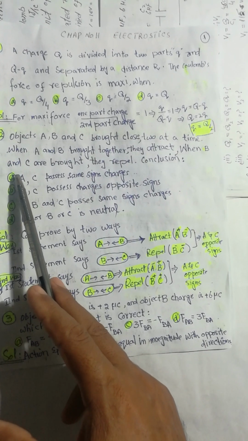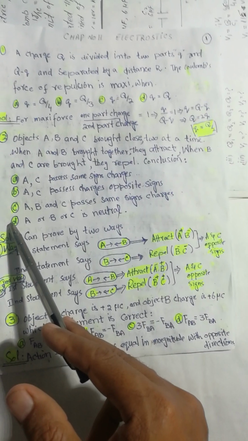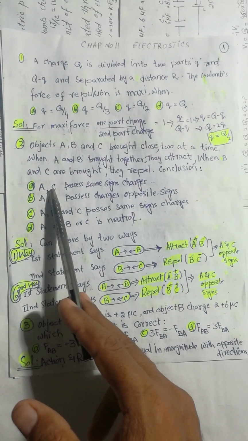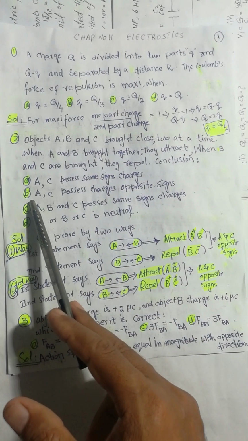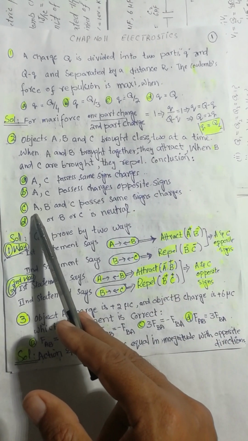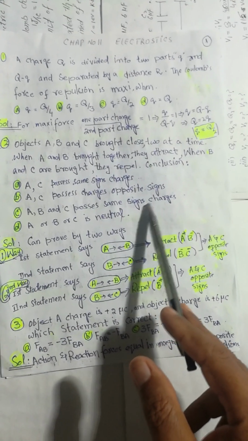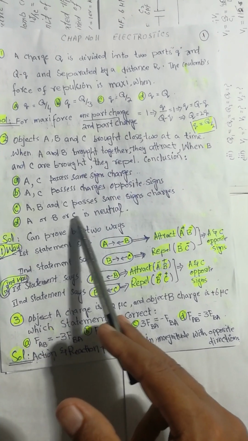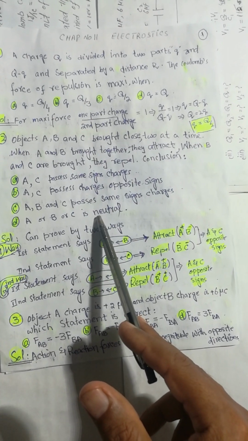Four conclusions they have given us: A, B, C, and D. Option A: A and C possess the same signs of the charges. Option B: A and C possess charges of opposite signs. Option C: A, B and C possess the same signs of the charges, while in option D, one of the three objects, A or B or C, is neutral.